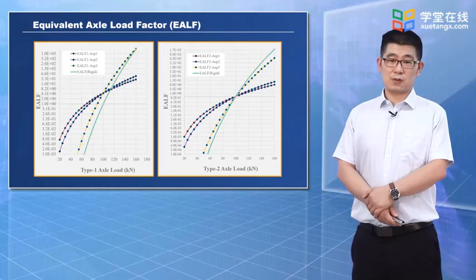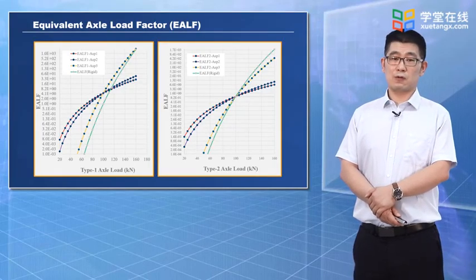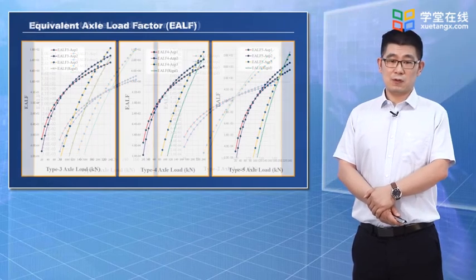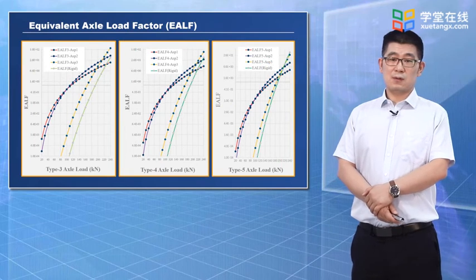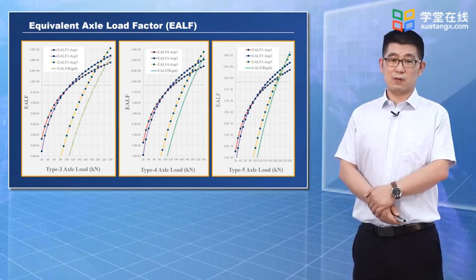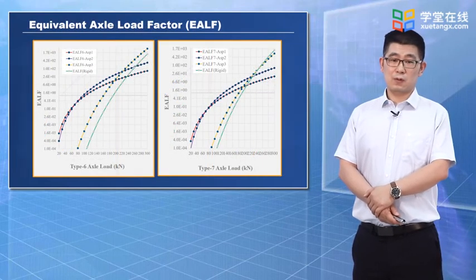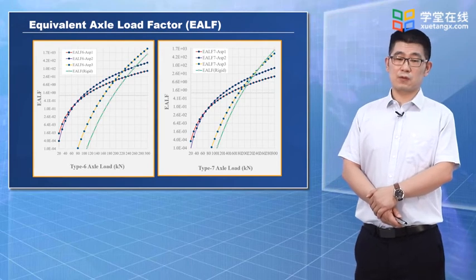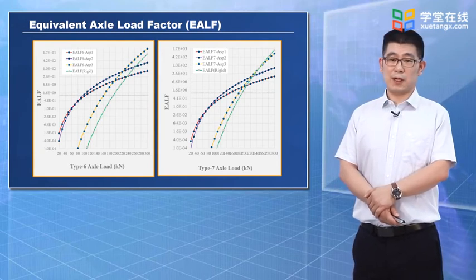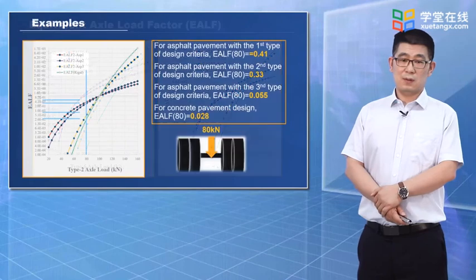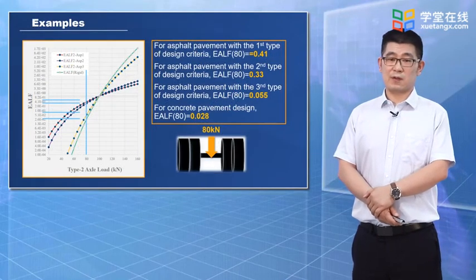Those figures show the ELFs for the two single axles, the three tandem axles, and the two tandem axles. Now we learn an example.